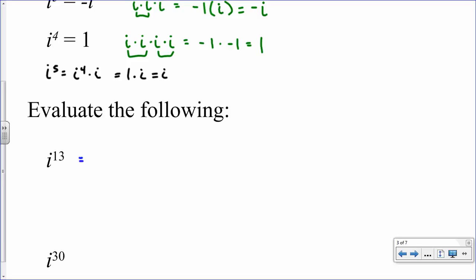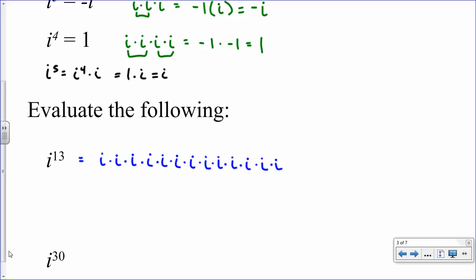So let me show you that. 11, 12, 13. Okay, I'm going to group these as i to the 4th, because then I am just dealing with 1 and not negative 1.